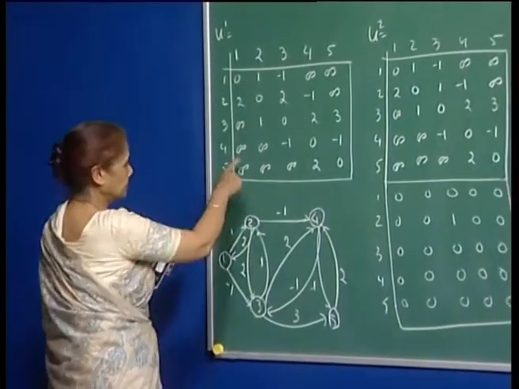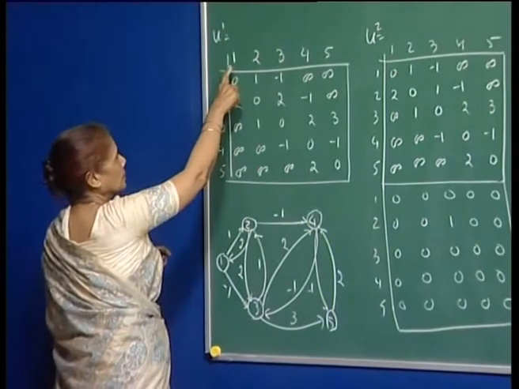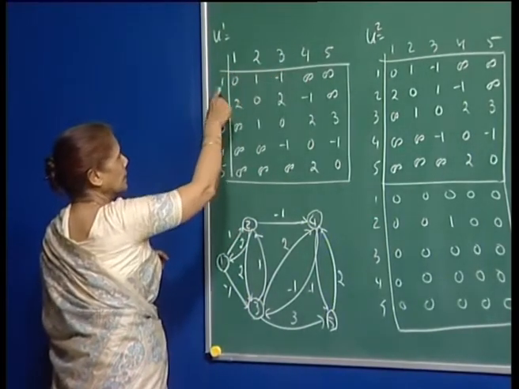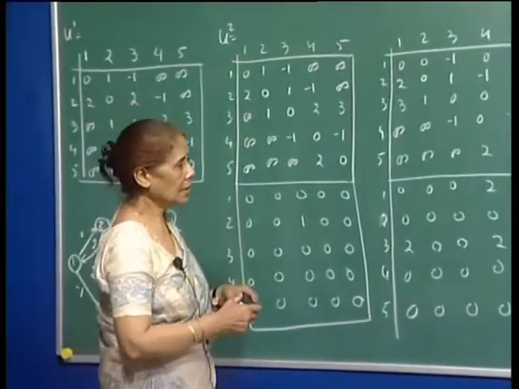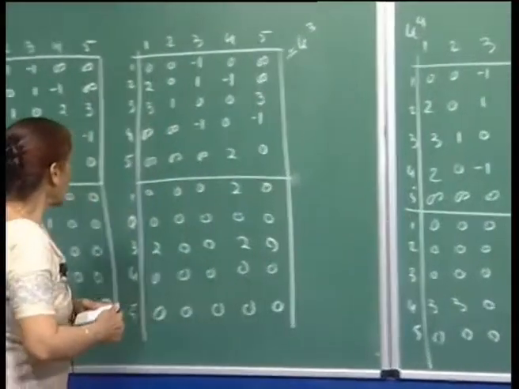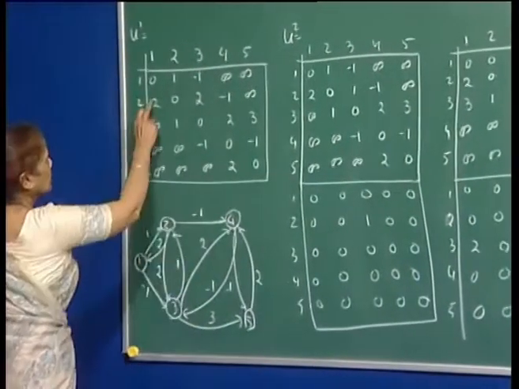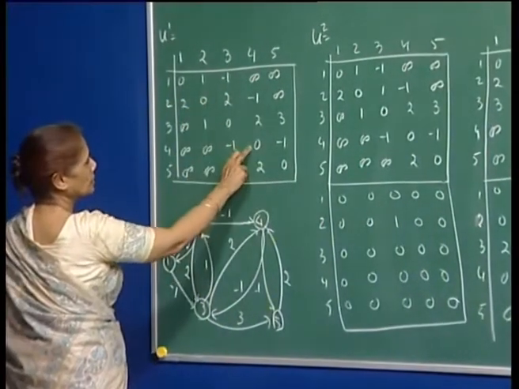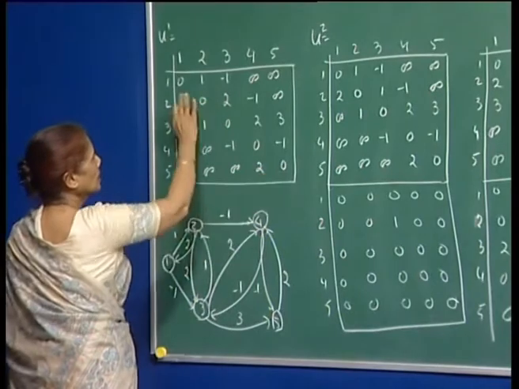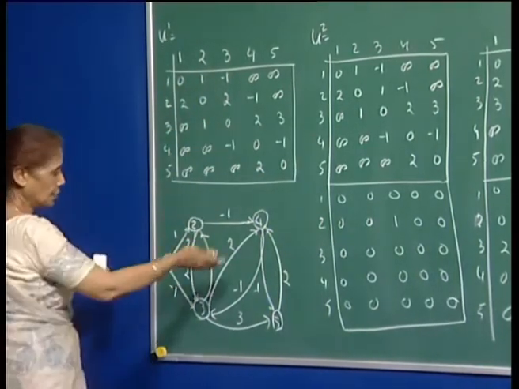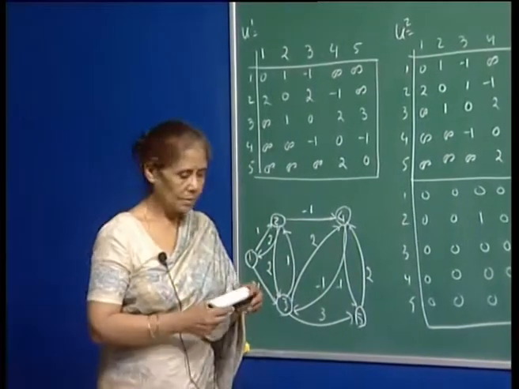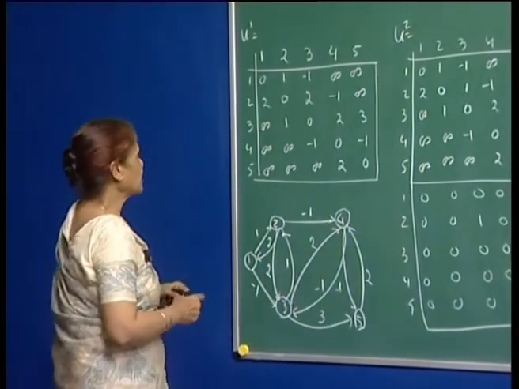So, I have the node numbers here, and the Uii's we will always take to be 0. The starting thing, you can say that C11, C22, C33, C44, C55 are all zeros, and this gives you 1 to 2, 1 to 3. So, this shows you the distance matrix.